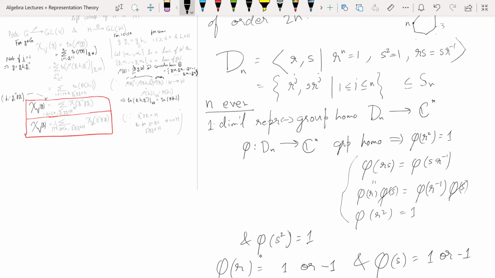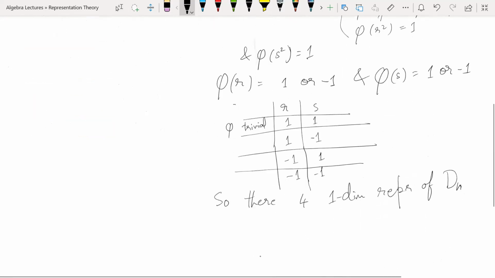Then R power n plus 1, which is an even number, will map to 1. So that tells you that R has to go to 1 as well.